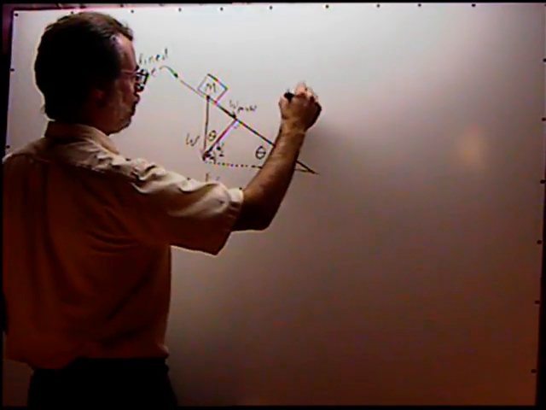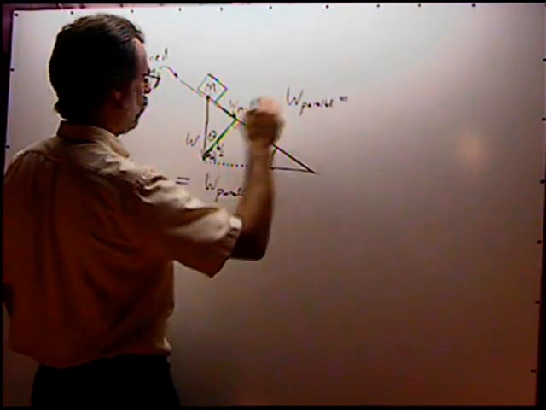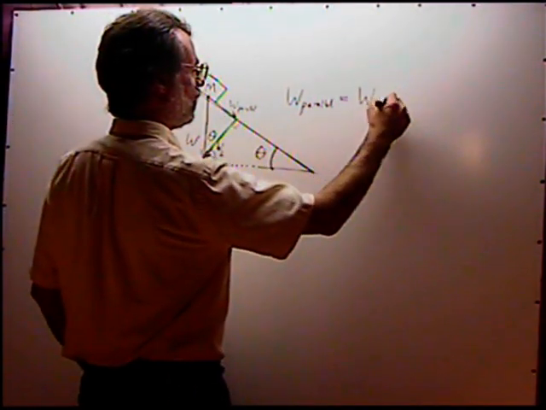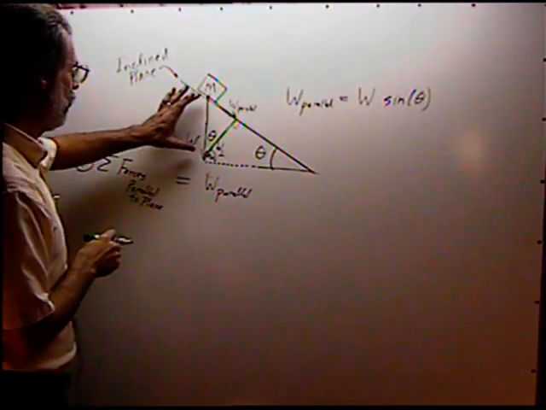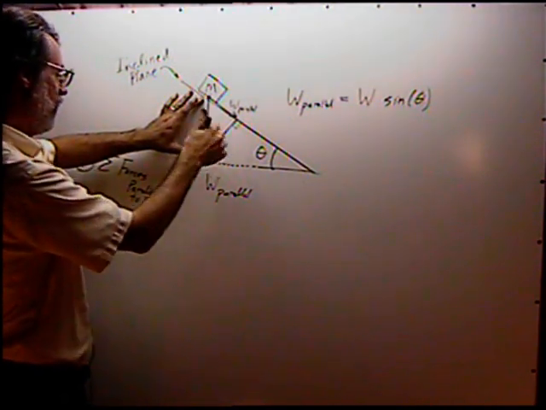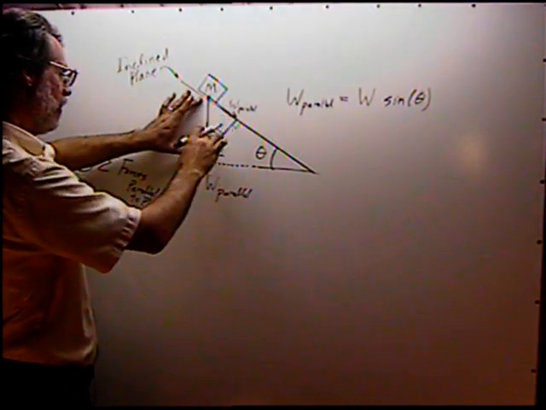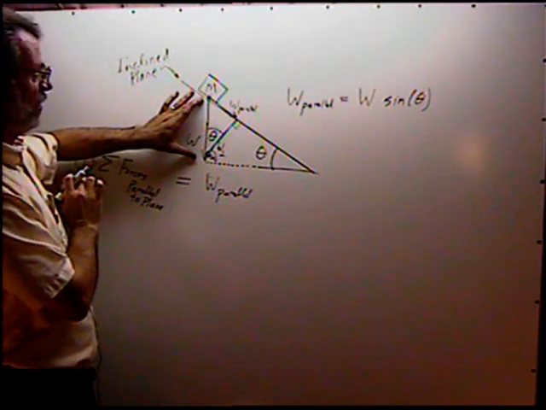The parallel is going to be W times the sine of this angle theta. And if you can see, if this is the full W right here, and this is theta right here, then this parallel is W times the sine of this angle. I hope that's clear.